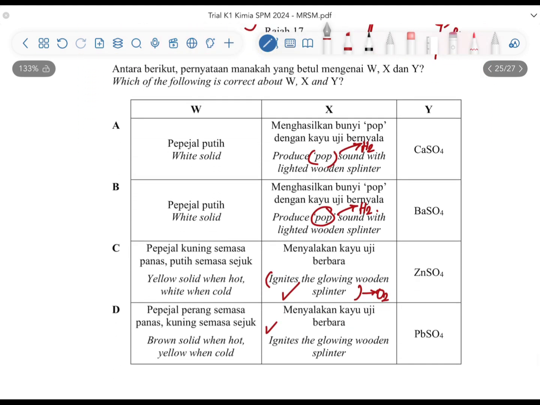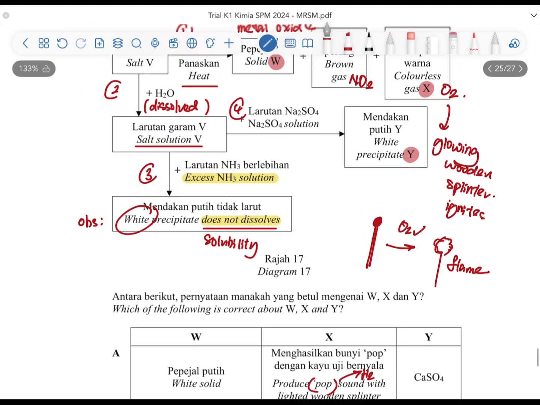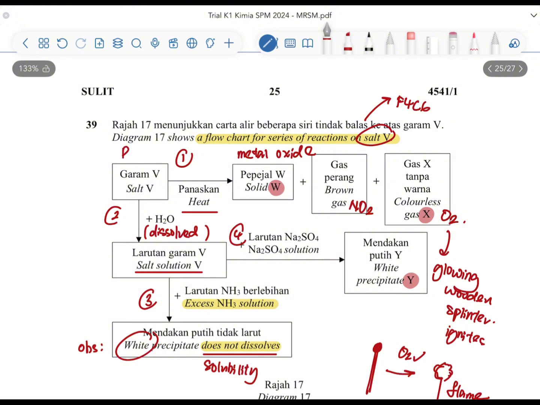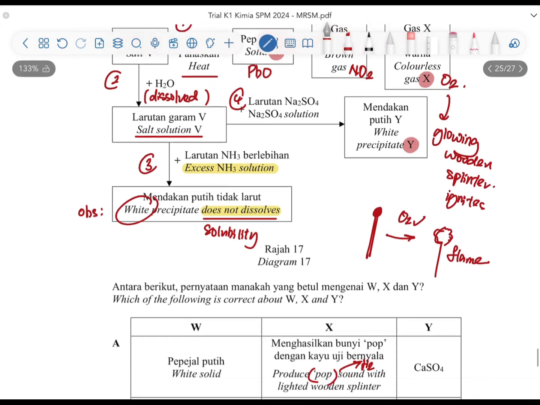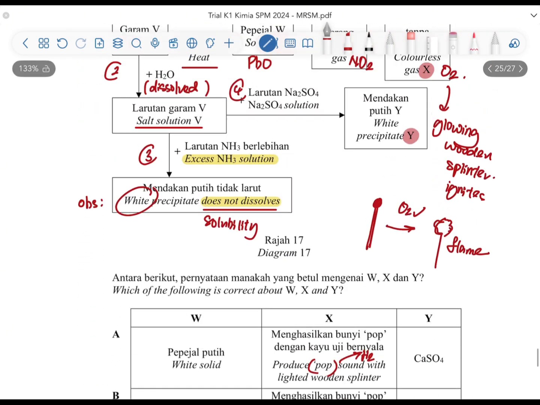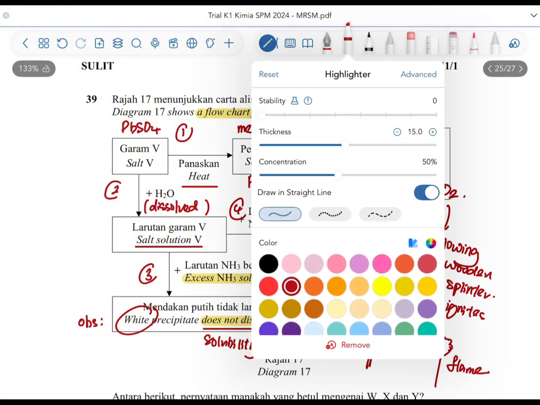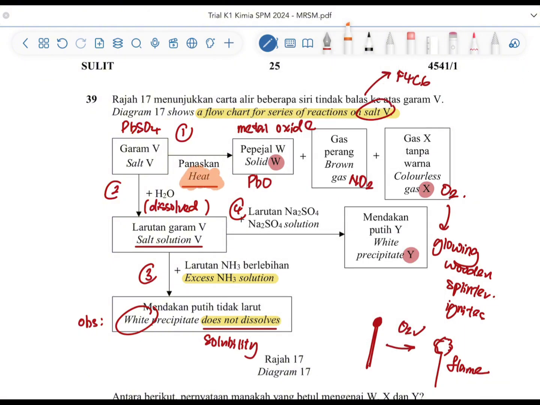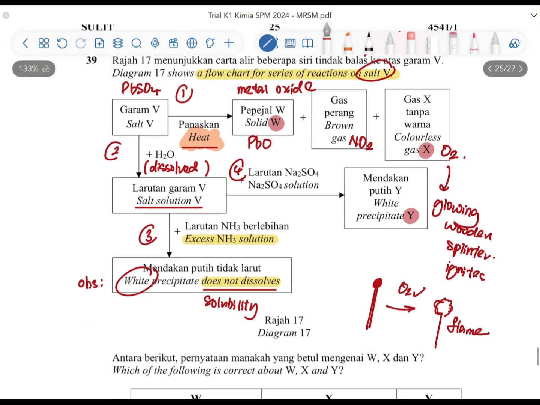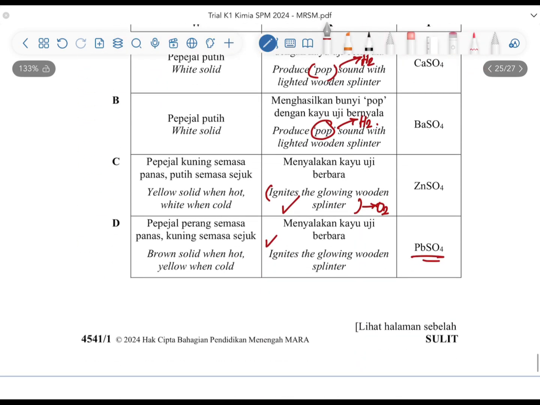Next, let's try the answer which is lead sulfate. Let's say the salt V is lead sulfate. It will form lead oxide, which is W, in a heating process. For information, lead oxide is a brown solid when hot.